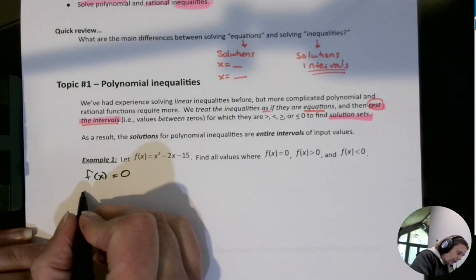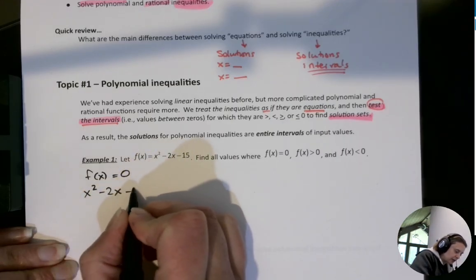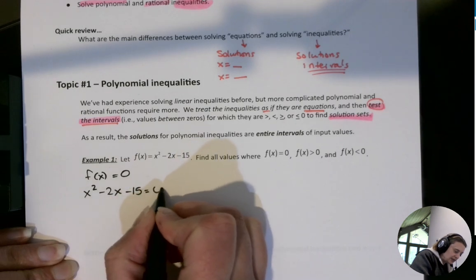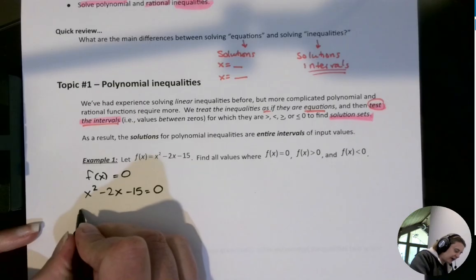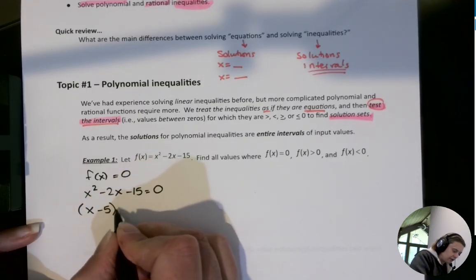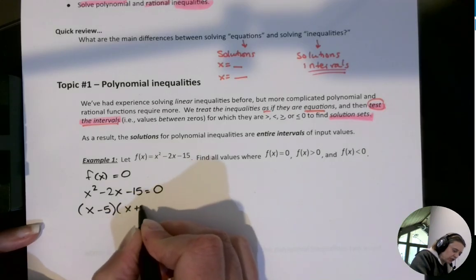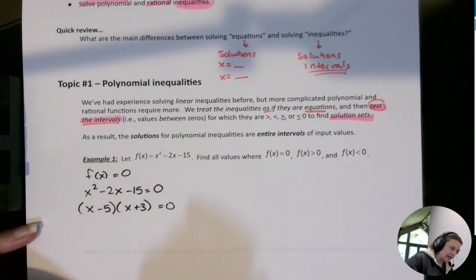So let's take our equation, x squared minus 2x minus 15, and set it equal to 0. Let's see, that does seem factorable if I use a negative 5 with a positive 3. That's going to add up to negative 2 and multiply to negative 15.